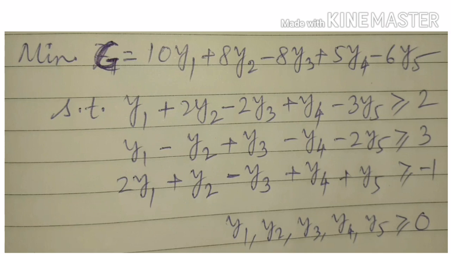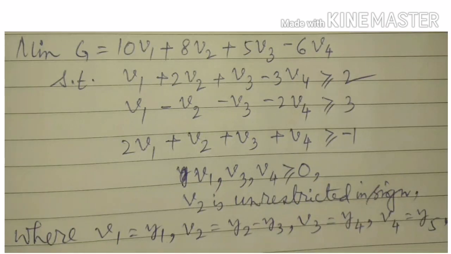If we assign v1 = y1, v2 = y2 minus y3, v3 = y4 and v4 = y5, then we get the dual problem in the form minimize g = 10v1 + 8v2 + 5v3 - 6v4 subject to these constraints.